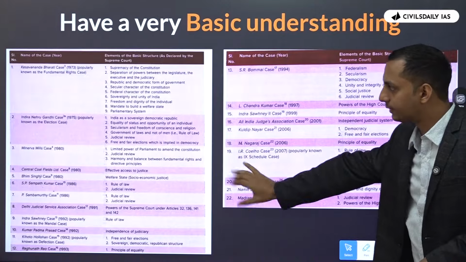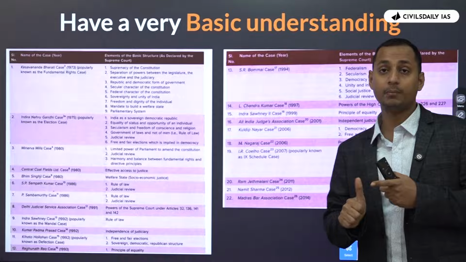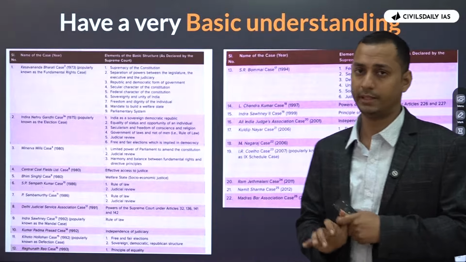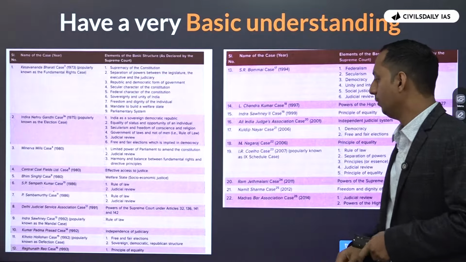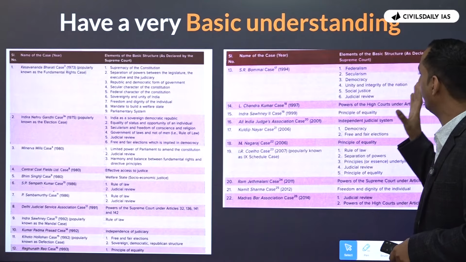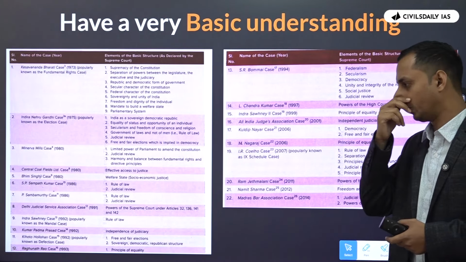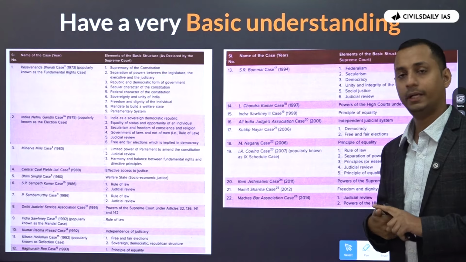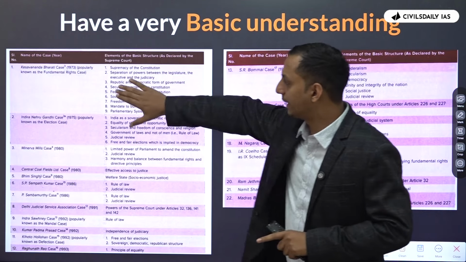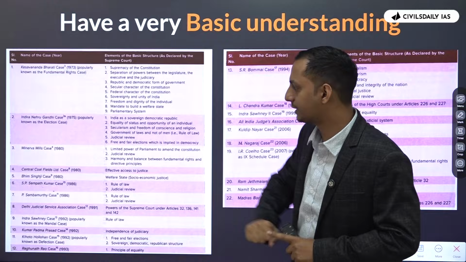Now, should you read all this? Which all basic structure came in which all judgments? Definitely no. You cannot memorize all the 22 cases and what all elements were added into the basic structure. It's not possible for you to revise. Possibly the Kesavananda Bharati judgment you can read: what are the 9 important things?